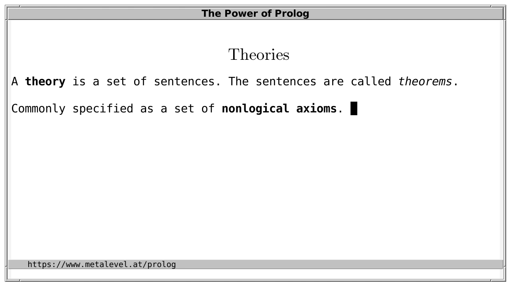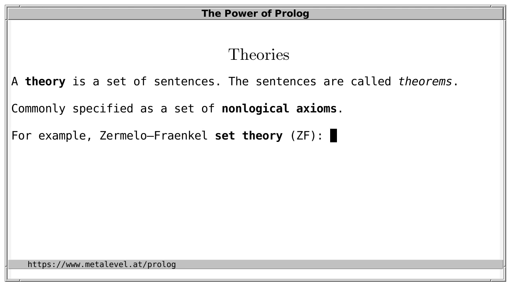Axioms in this sense are also called assumptions, postulates, or non-logical axioms. For example, we can use first-order predicate logic to express what we mean with a set. And that's good, because we have now already mentioned set a few times. So what is a set?